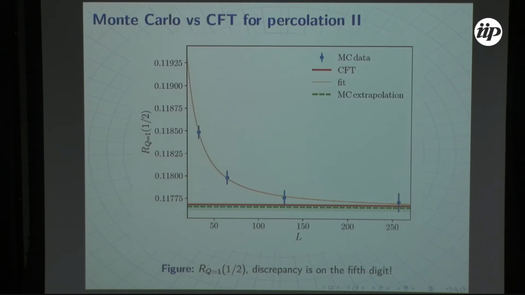So it's quite remarkable. It's not easy to find an agreement between field theory and experiment on the 5th digit. I think if you push these numerics, then percolation will provide perhaps the best agreement between field theory and real experiment.